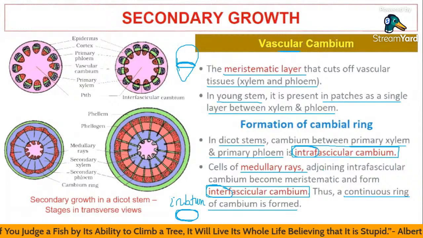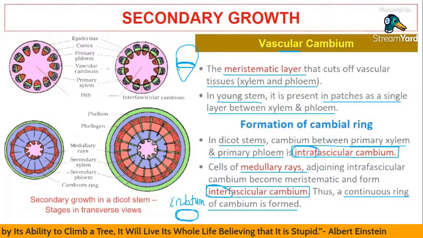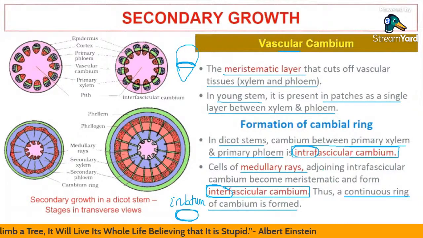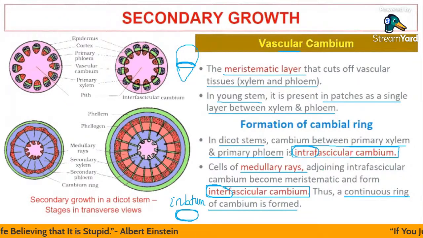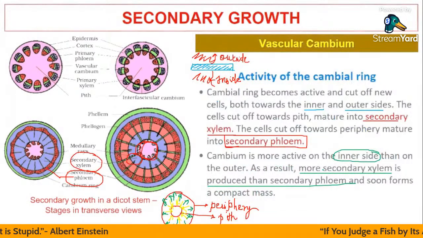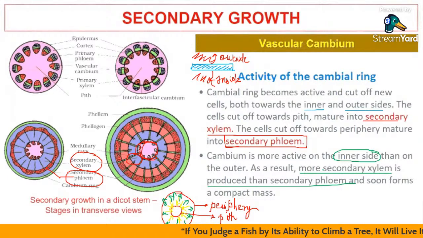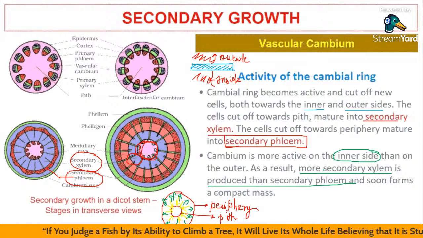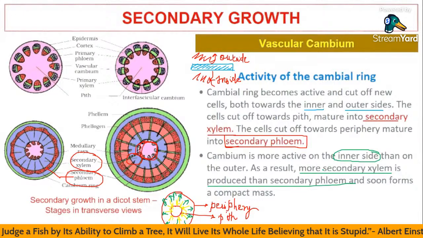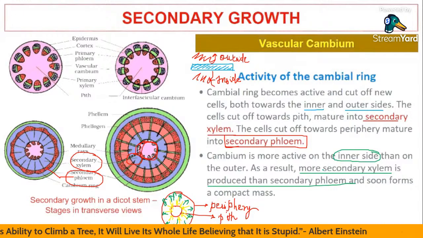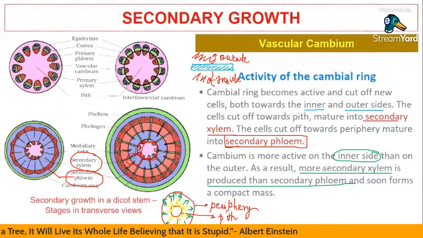Vascular cambium will become mature. It is a meristematic layer which cuts off xylem and phloem. On maturation, the cambial ring will start dividing towards the inner side and towards the outer side. Towards the pith, it will divide to form secondary xylem, and away from the pith, or towards the periphery, it will divide to form secondary phloem.